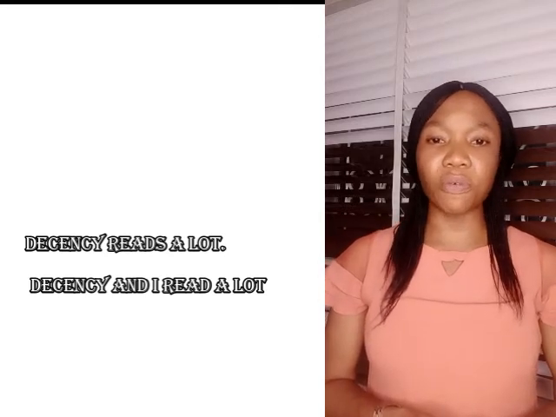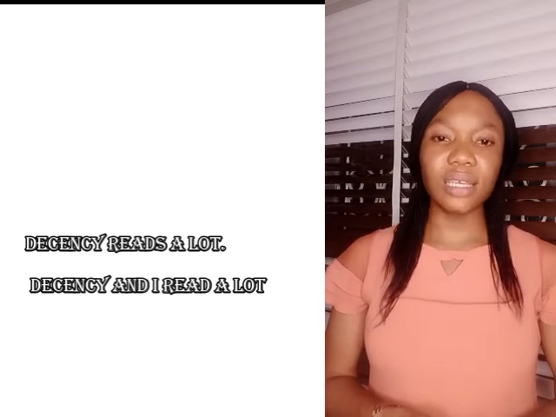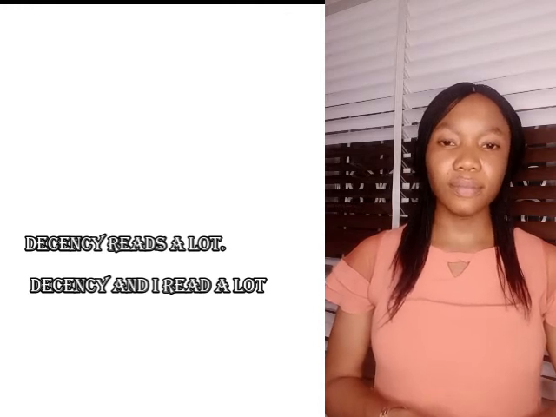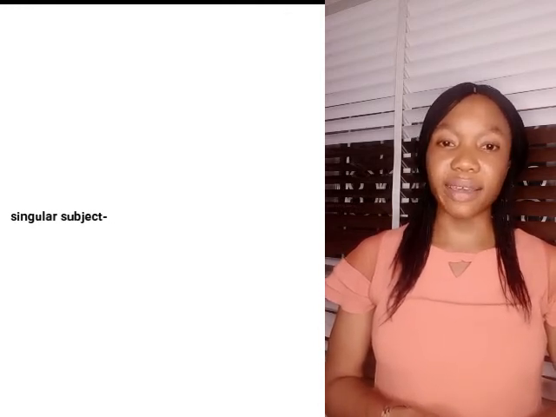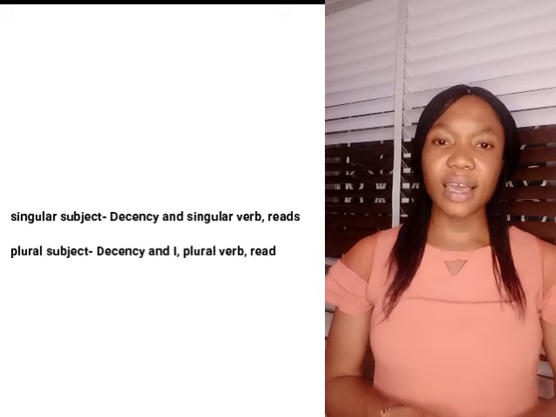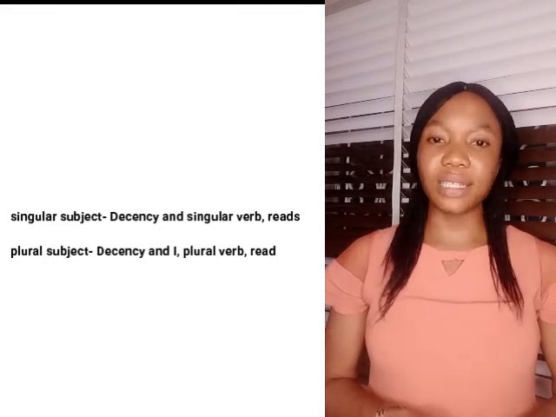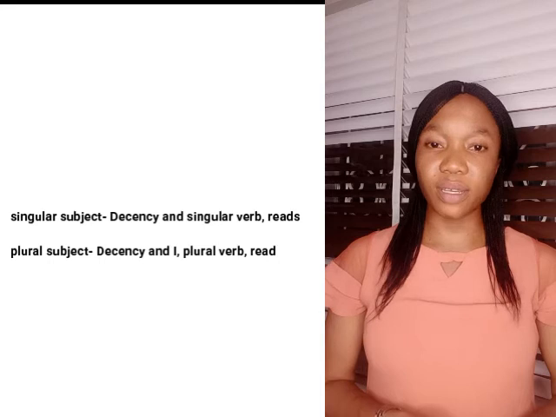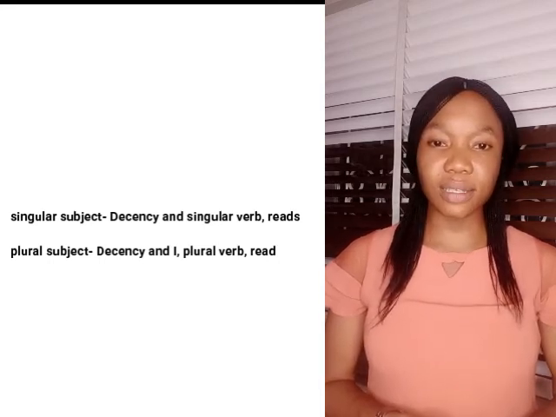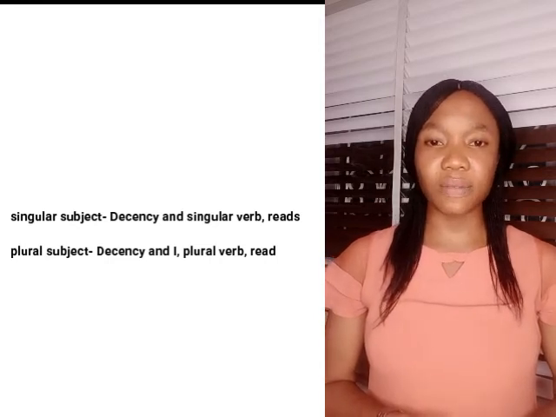If I want to pluralize the subjects, I can say decency and I read a lot. This last sentence has a plural subject and also a plural verb. Decency and I, more than one person, and plural, read and not reads. You only add an S when it's a single subject.